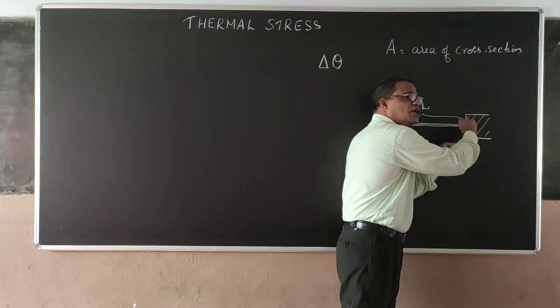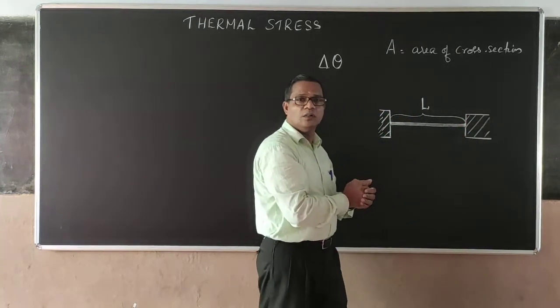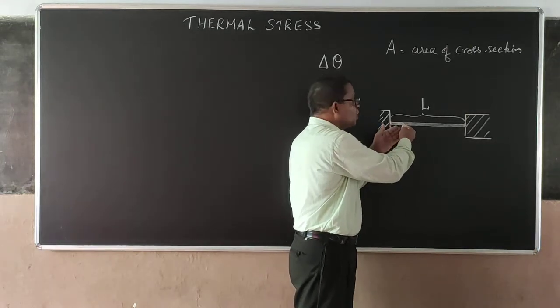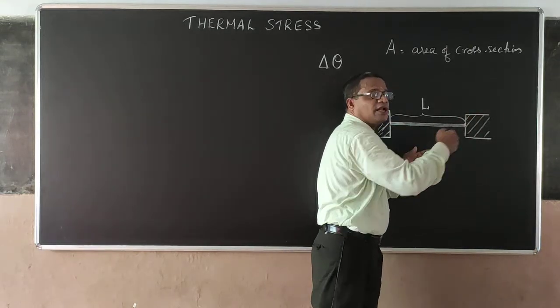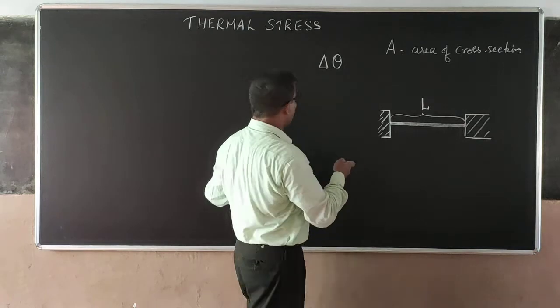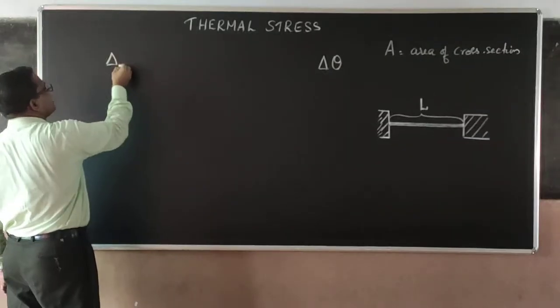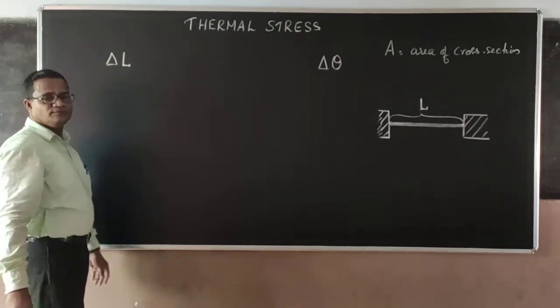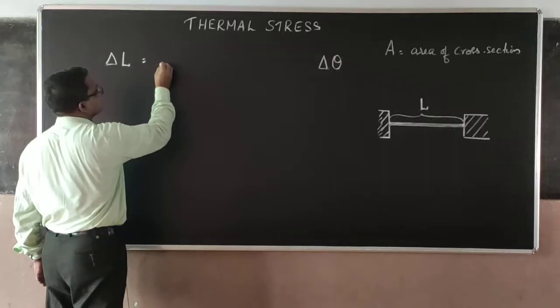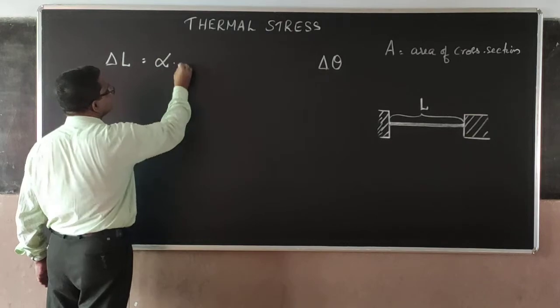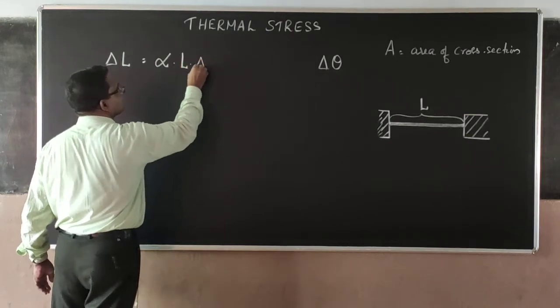Now, if I remove this clamping, the metal rod will be free to expand. So when it expands, a small expansion length delta L comes, that will be equal to alpha into L into delta theta.